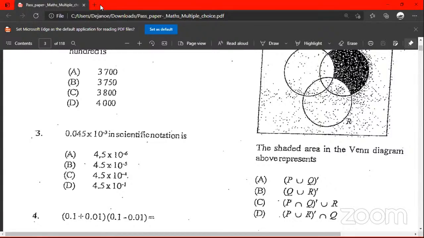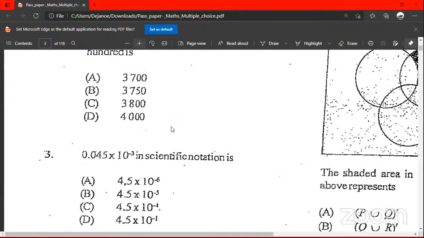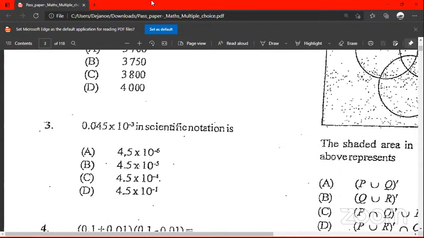Third power. I can see a little minus sign there. Oh, cannot see. Zoom in some more for me, Dejana. So what do you call it again? Negative 3. As in, to the power. 10 to the power of negative 3.